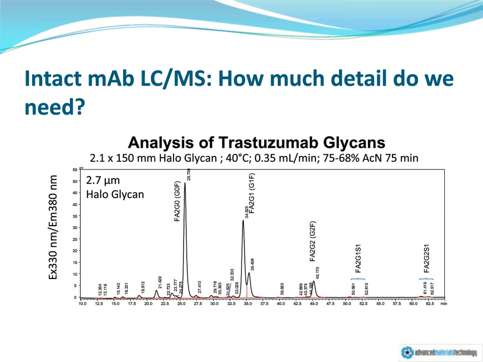In the case of trastuzumab, we typically will see 5 peaks here: the G0F, a mixture of 2 different isomers of G1F, and the G2F. And these will lead to differences in net mass of the monoclonal antibody. And there will be a mixture of these glycans when we look at the intact monoclonal antibody.